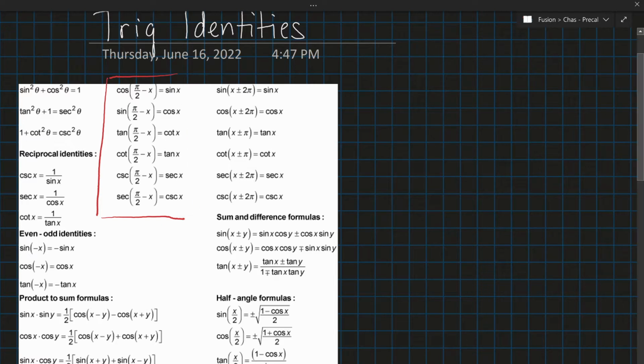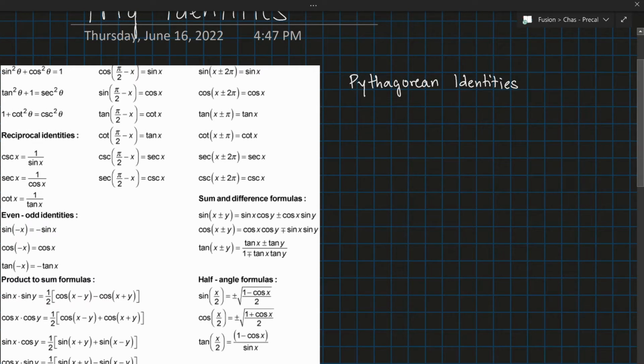Probably the most useful of these that we'll have, and I'm just going to go ahead and rewrite them, because these things you will use a lot, are the Pythagorean identities. I would suggest that you memorize these.